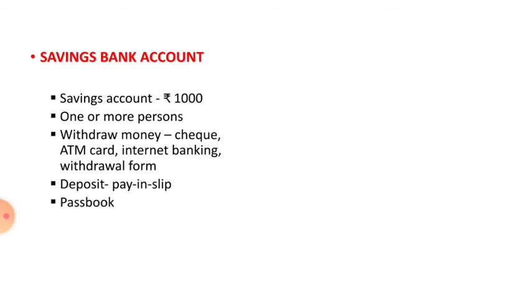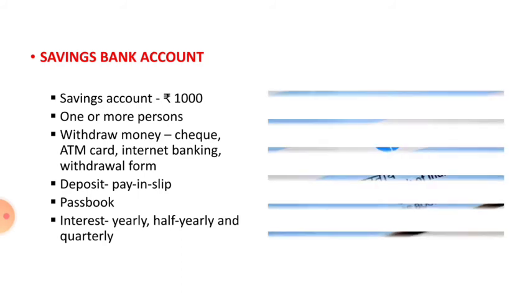A passbook is also issued in which transactions relating to the account are recorded from time to time. Interest is paid on minimum monthly balance and credited to the respective accounts yearly, half yearly, and quarterly depending on the bank policy.